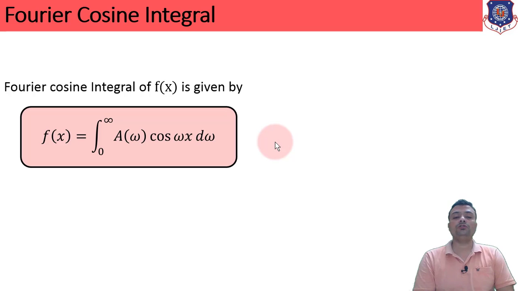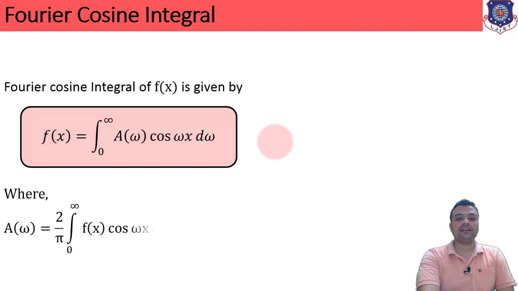Then we know how to convert the even function in case of Fourier series. Today we will see how to use the same technique in case of Fourier integral. So over here, the value of A(omega) is 2 by pi, integral from 0 to infinity of f of x cos omega x dx.